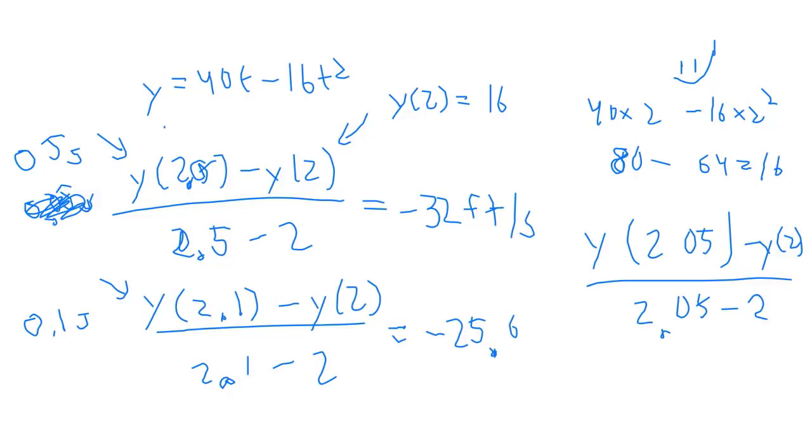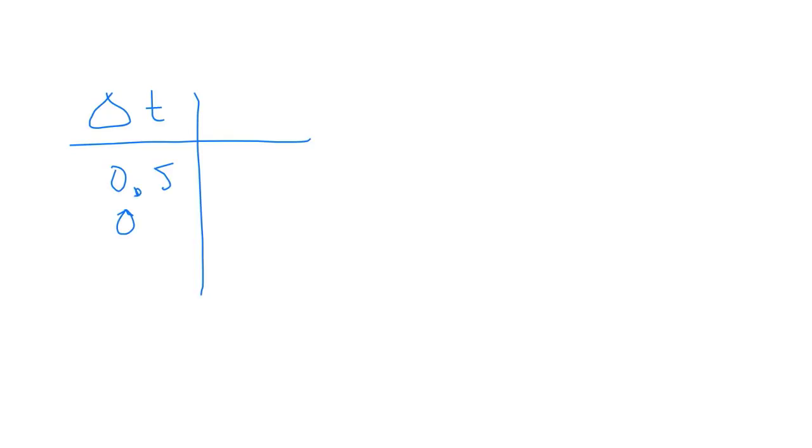So let me just clear this board. If I show you what happens with each of the different values, we label the change in time as delta t, and this corresponds to 0.5, 0.1, 0.05, and 0.01.